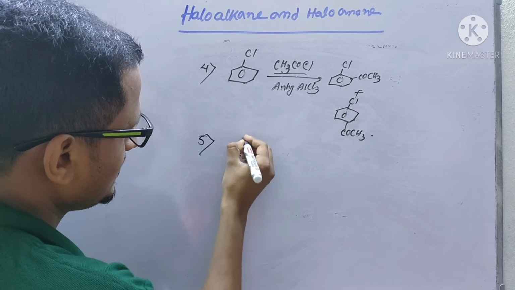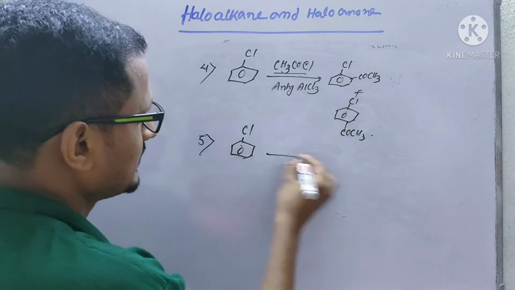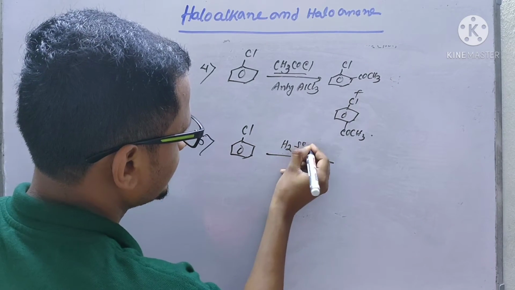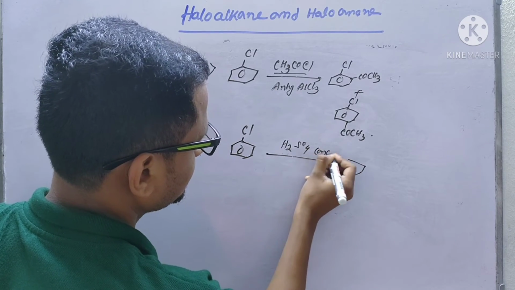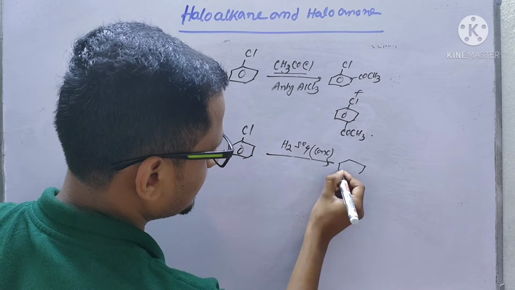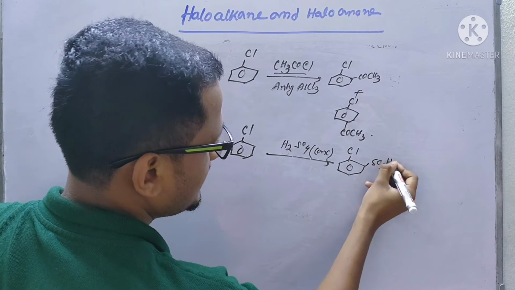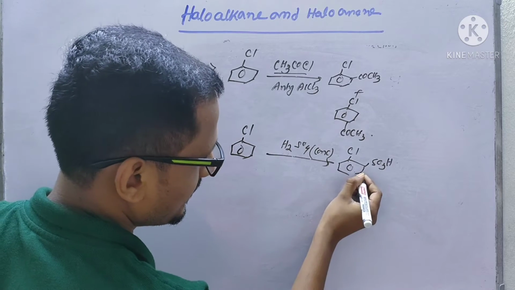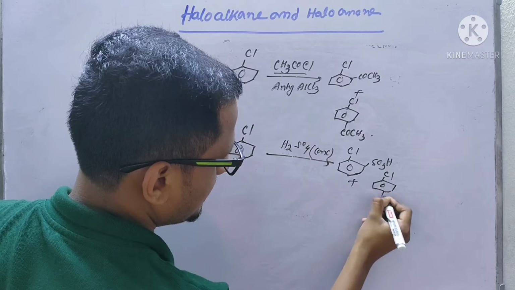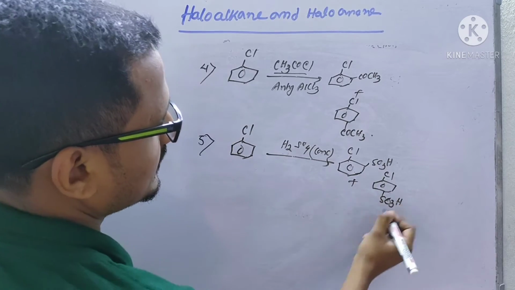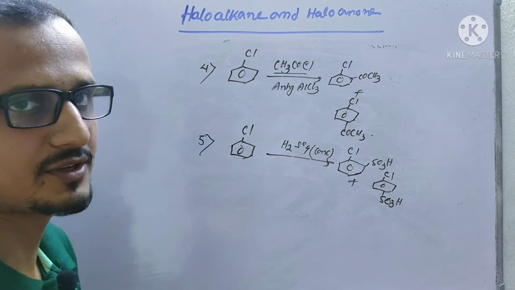So here if you give concentrated sulfuric acid, then what you will get is SO3H in ortho position plus SO3H in para position. So orthochlorosulfonic acid and parachlorosulfonic acid you are getting.